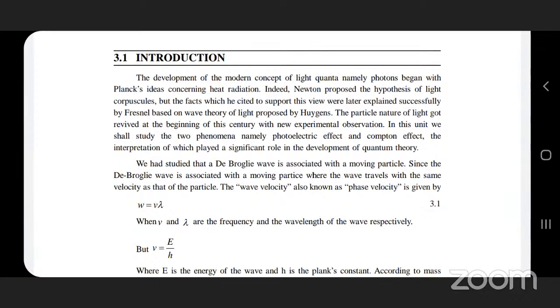But some of the properties of light could not be explained successfully by Newton's corpuscular theory. Later on Huygens proposed that not corpuscular theory, the light passes in the form of waves. So the wave includes the particle.